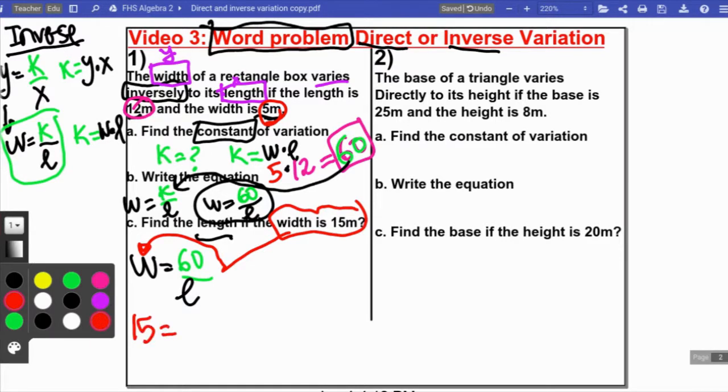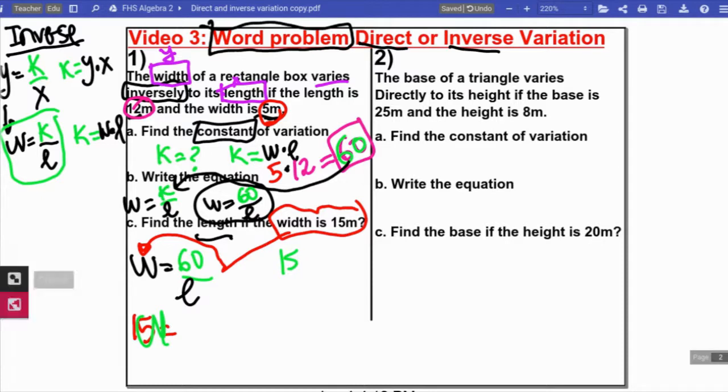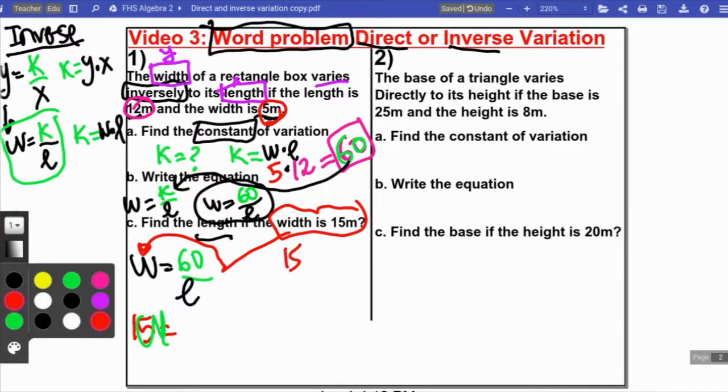15 equals, let me do it right here, we've got space over here. Wrong color, sorry, ladies and gentlemen. I like all the color coding. So 15 for the W equals 60 for the K over the length, because I'm looking for the length.